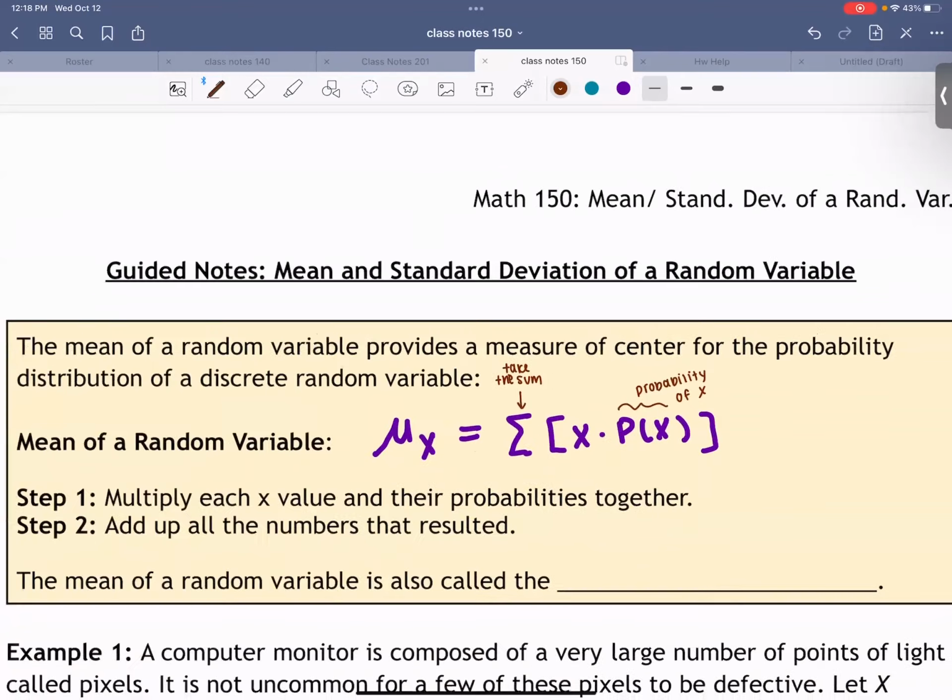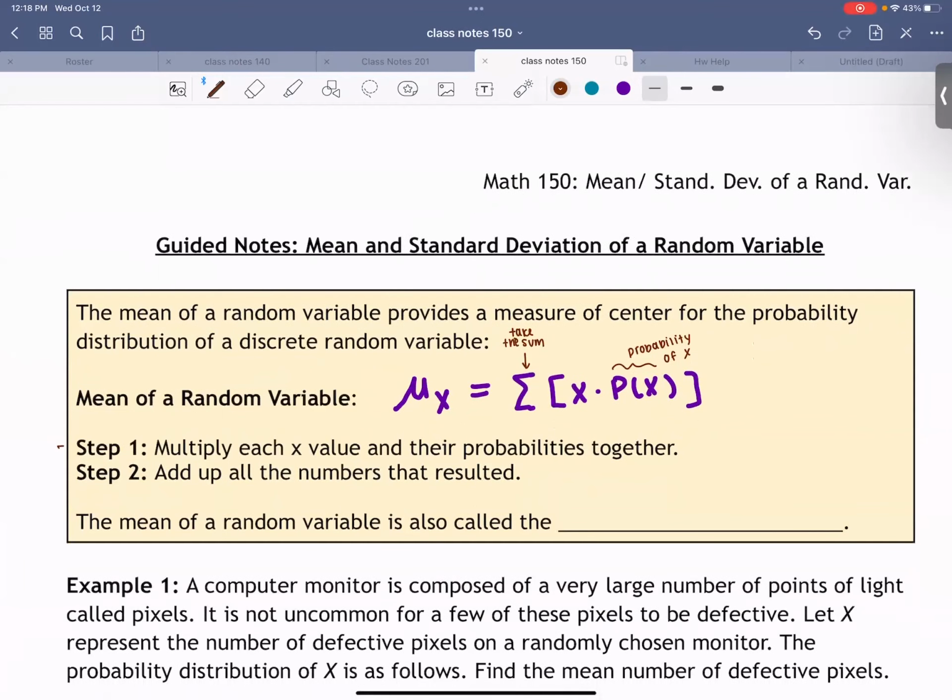In other words, multiply each of the x values by their probabilities to get x times p of x. Then once you're done doing all that, add up the numbers that you just got. So either memorize the formula and know how to apply it, or memorize these two steps that might make it simpler to find the mean.